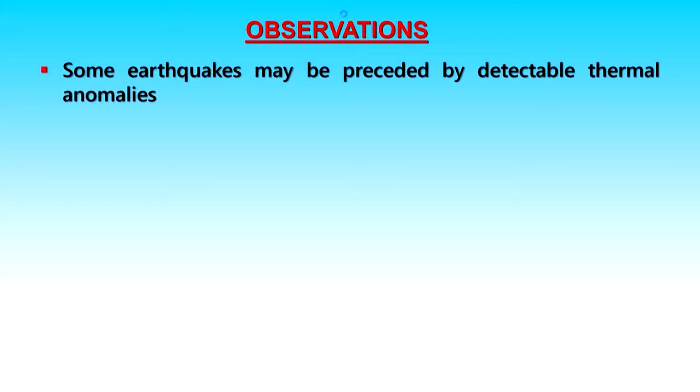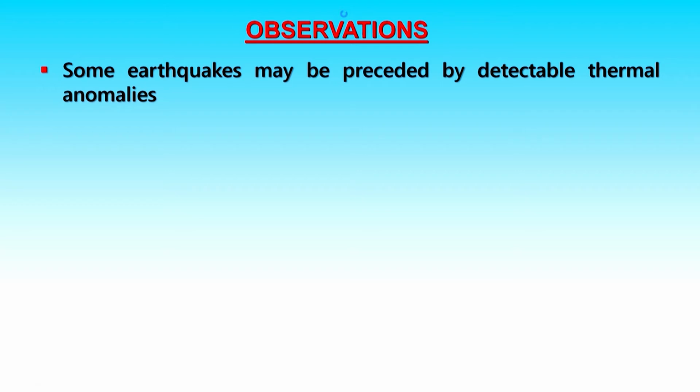Among the many precursors there are, like foreshocks, changes in radon gas emission, changes in water level conditions, and other perturbations which occur just before the earthquake. So, this is one we can consider as one of the earthquake precursors, occurring before an earthquake if magnitude is 6 and above.